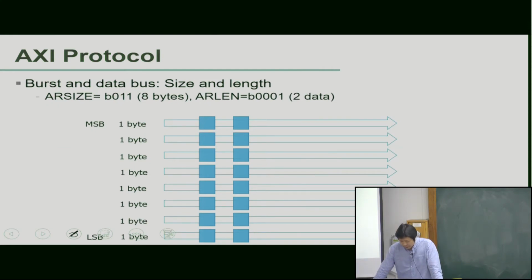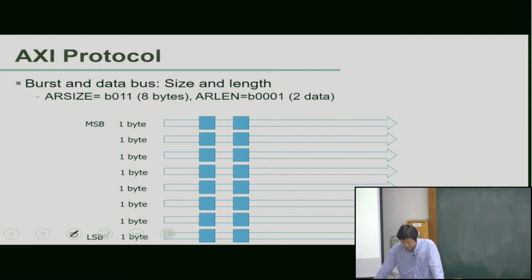So here I'm going to show you a bunch of examples of how this burst size and burst length play together. Let's say the burst size is 011, which includes 8 bytes, and burst length is 0001, which is 2 data.